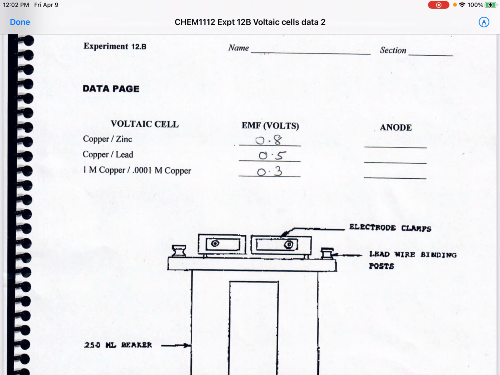When you watch the video, you have seen the copper zinc cell and the copper lead cell, and also a copper solution at two different concentrations, 1 molar copper and 0.0001 molar copper solutions, and their voltages are written down over here. So what you need to do is identify what is the anode. But let's see how we're going to go ahead and do this one.